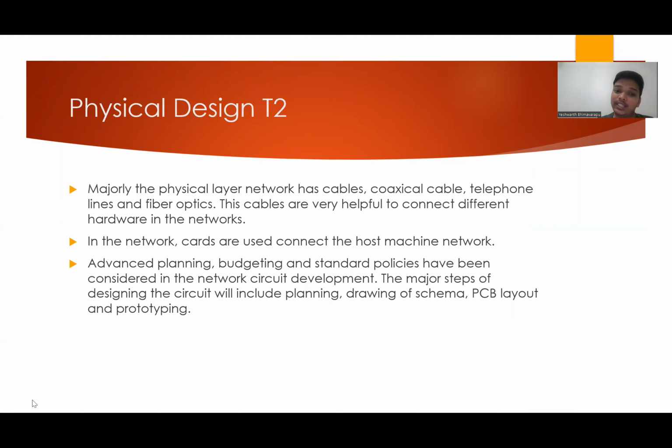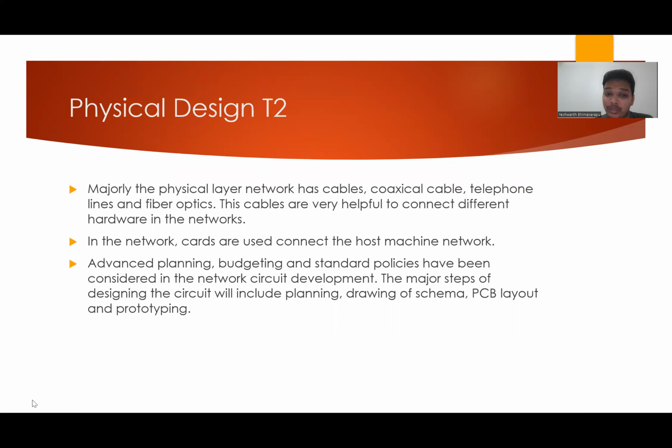When you come to the physical design, the majority of it has cables: coaxial cables, telephone lines and fiber optics. These cables are helpful to connect different hardware in the network. In the network, cards are used to connect the host machines. Advanced planning, budgeting and standard policy have been considered in the network circuit development.